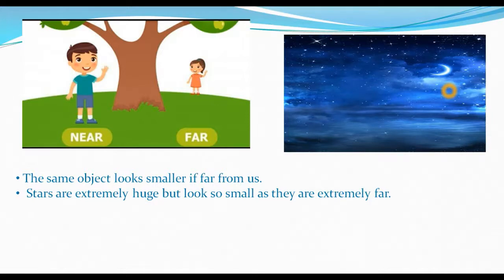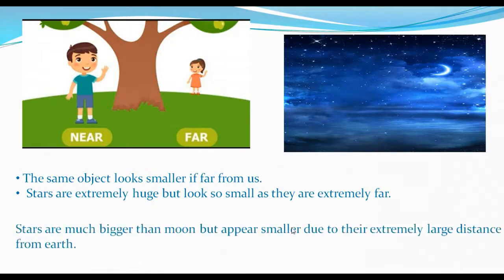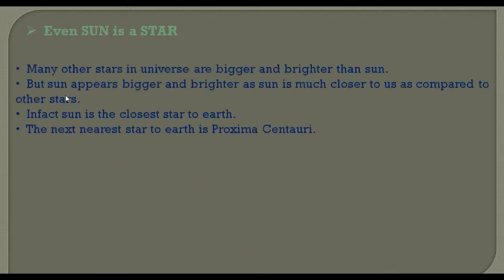But stars are much bigger than the moon. In fact, some stars are even bigger than the sun. But stars appear small because of their extremely large distance from the earth. Now, the sun is also a star.